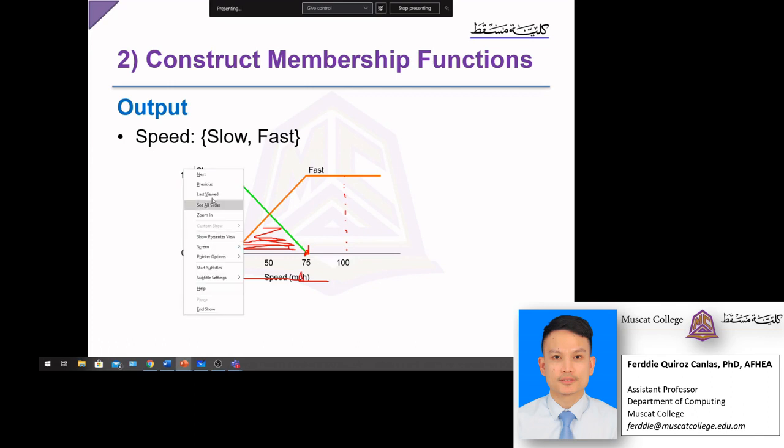The unit of speed used in this example is miles per hour, not meters per hour, because normally for cars here we use kilometers per hour. But in this example, we are using miles per hour.